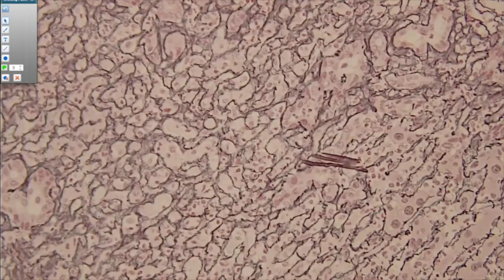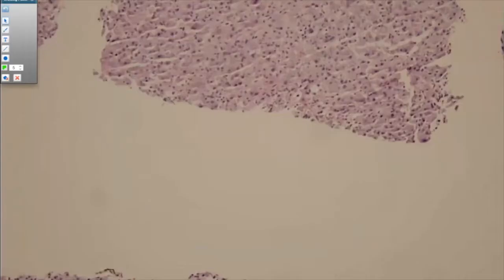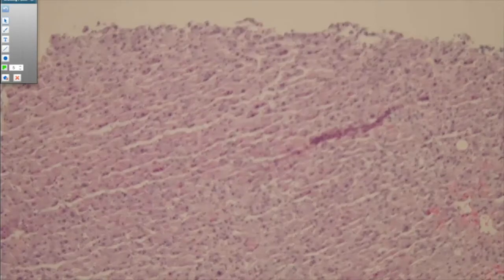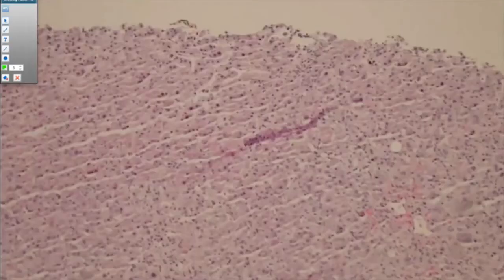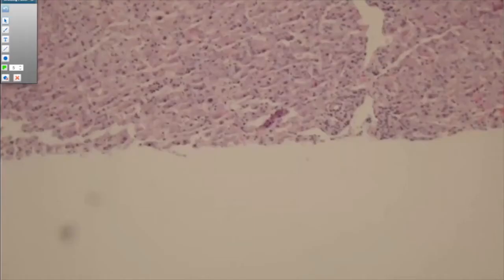All hepatocytes necrosis. Actually, in this case, 2 weeks before liver transplant, a liver biopsy was performed at private practice, like a community hospital. So even general pathologists may have to deal with an acute liver failure patient.